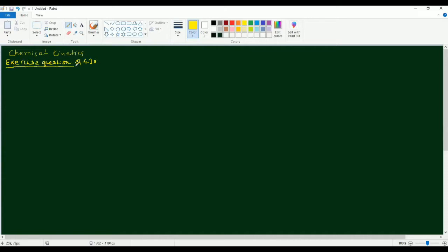I will write down the question and I will explain what the question is asking for. The question says the rate of reaction quadruples.